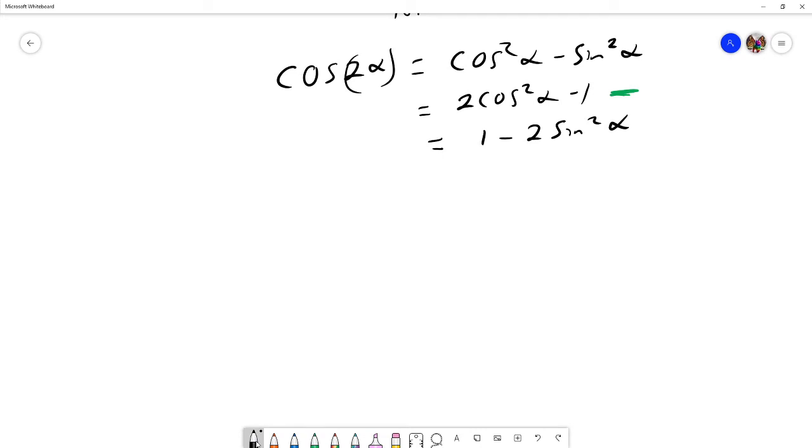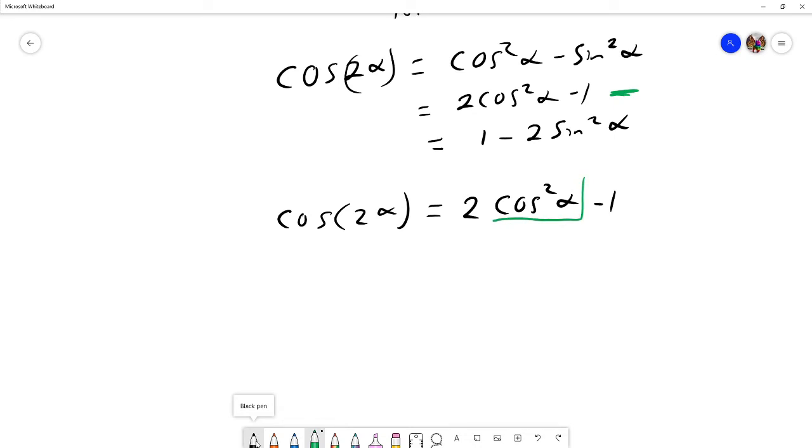Alright. So if cosine of 2 alpha is equal to 2 cosine squared alpha minus 1, our objective is solving for this quantity here, which I boxed in green.